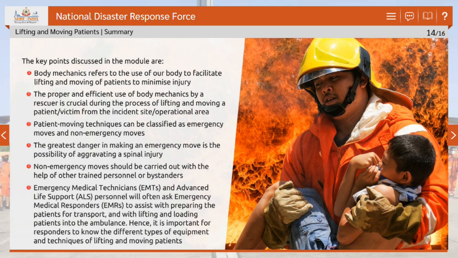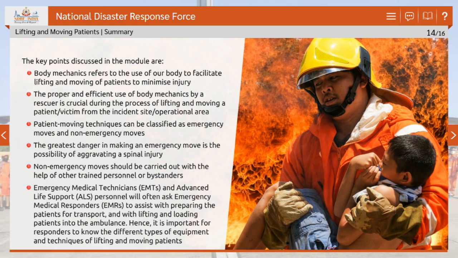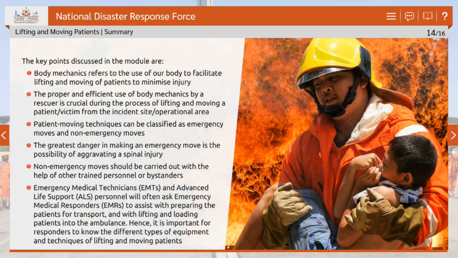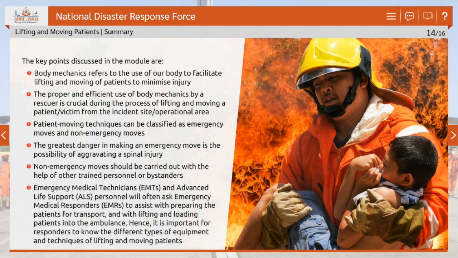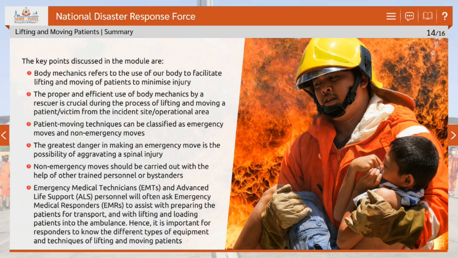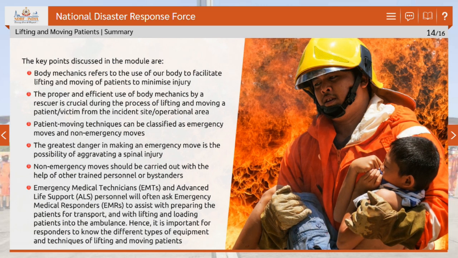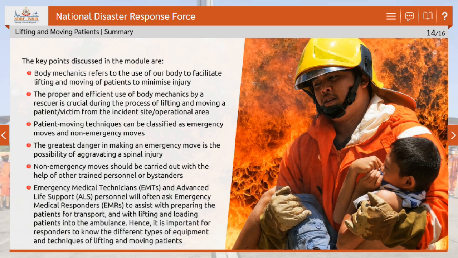Emergency medical technicians or EMTs, and advanced life support or ALS personnel will often ask emergency medical responders or EMRs to assist with preparing the patient for transport and with lifting and loading patients into the ambulance. Hence, it is important for responders to know the different types of equipment and techniques of lifting and moving patients.